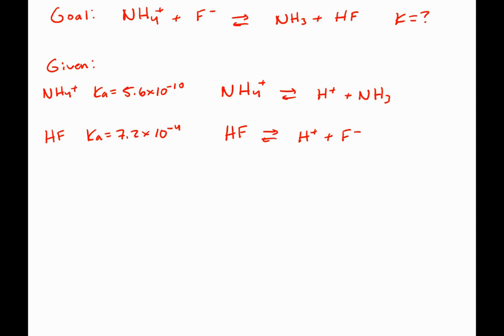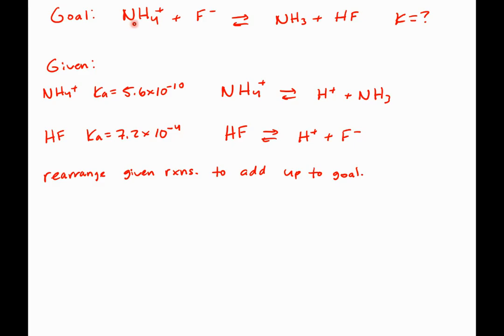Now what we need to do is rearrange these reactions so that they will add up to make the goal reaction. We've seen examples on how to do that back in chapter 6 when we talked about doing manipulations of equilibrium reactions and equilibrium constants. So we can start by looking at the goal reaction and taking one substance at a time.